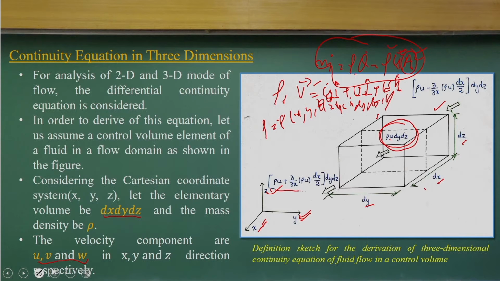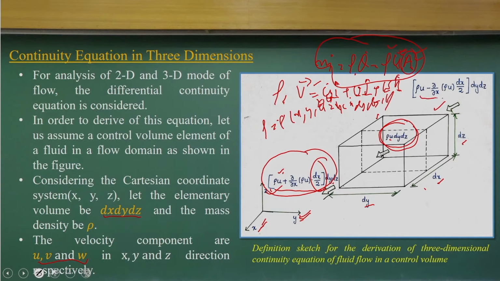Considering the first term of the Taylor series expansion, the variation over a distance dx by 2 from the centroid will be rho u plus the partial derivative of rho u with respect to x times dx by 2, times dy dz. This is the Taylor series expansion to estimate what the value could be if a function varies over a distance dx by 2.